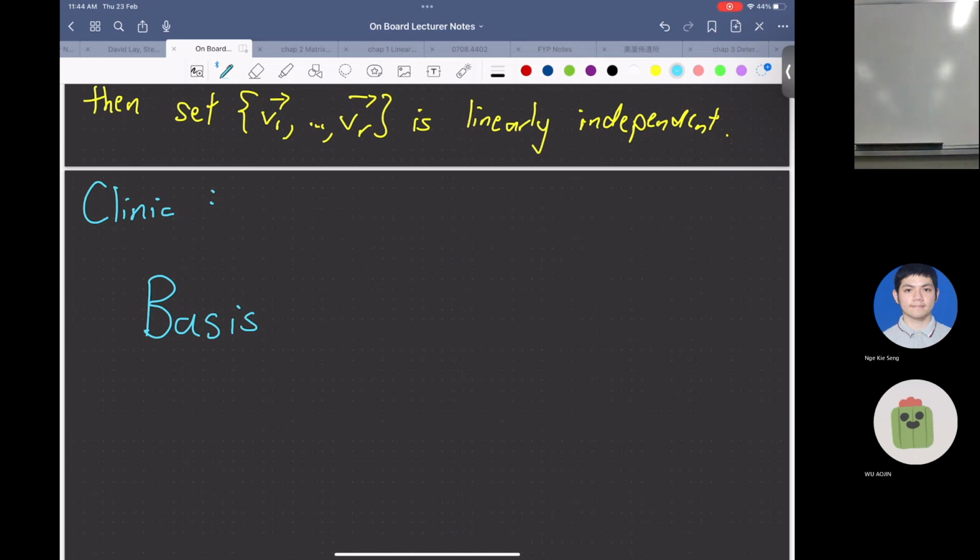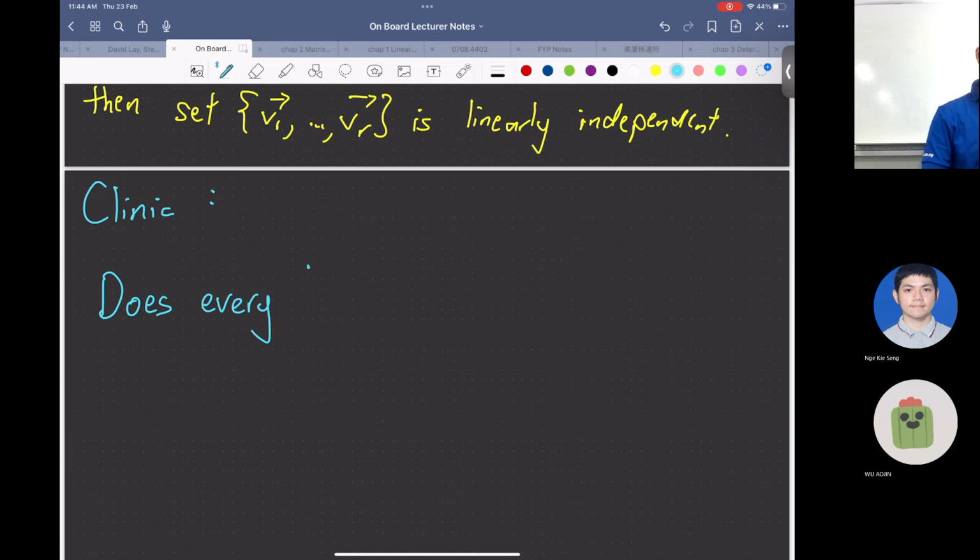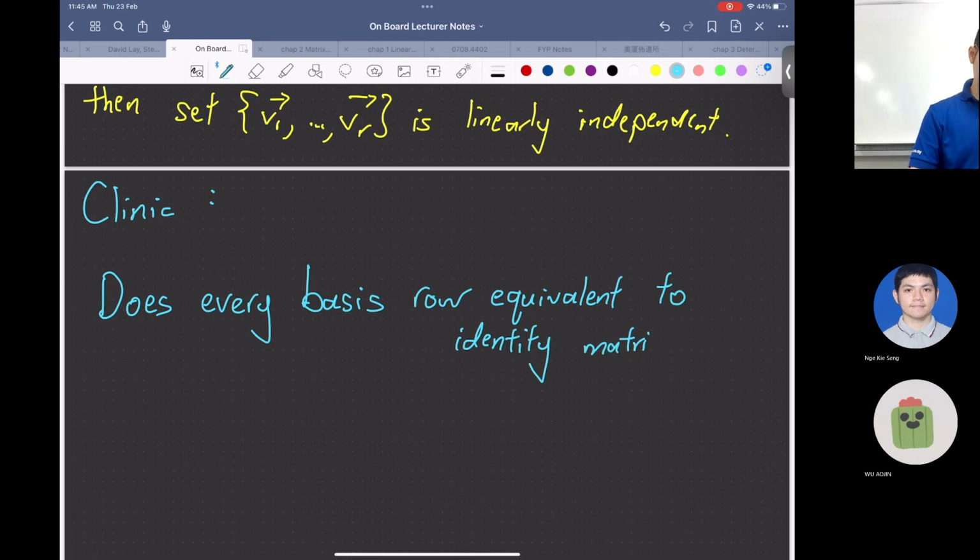Does every basis row equivalent to an identity matrix?